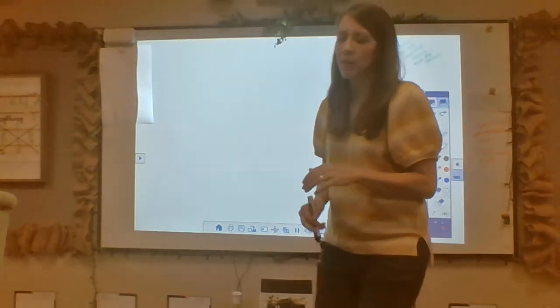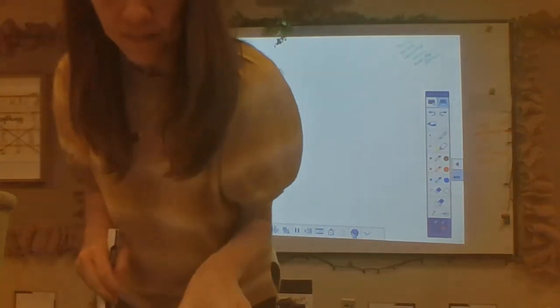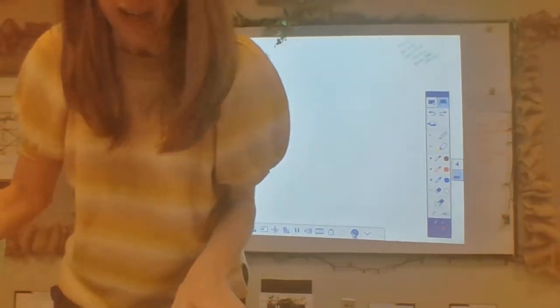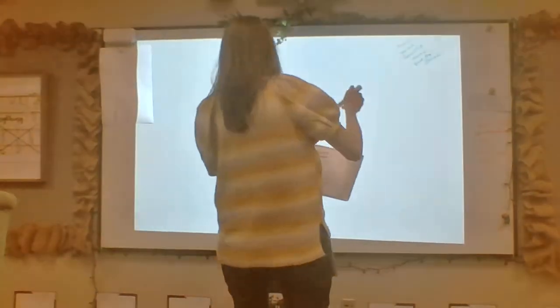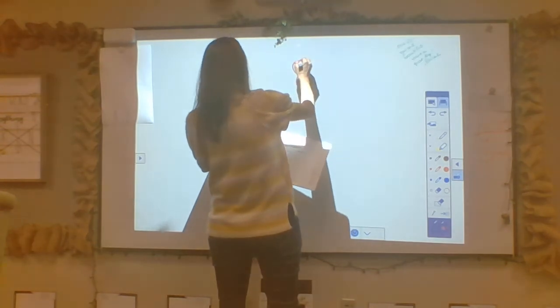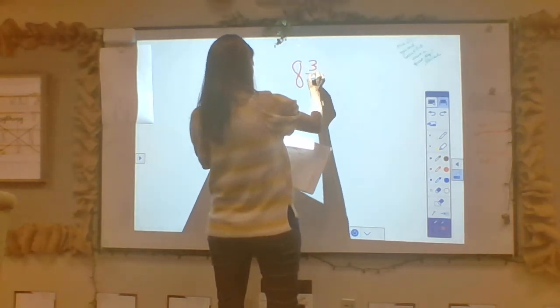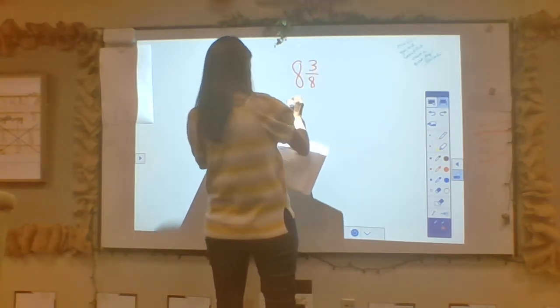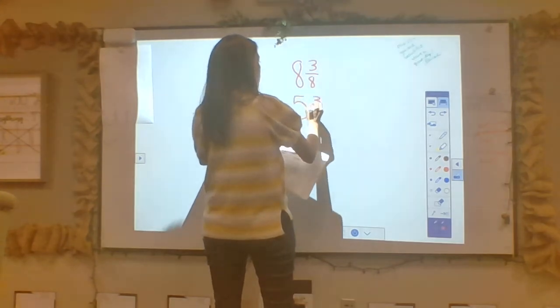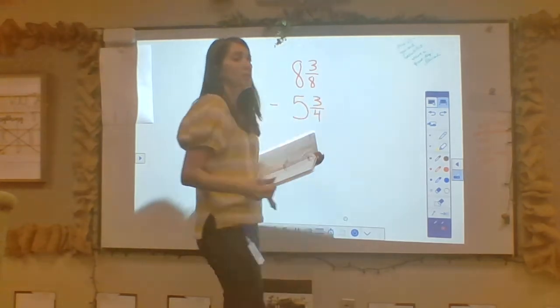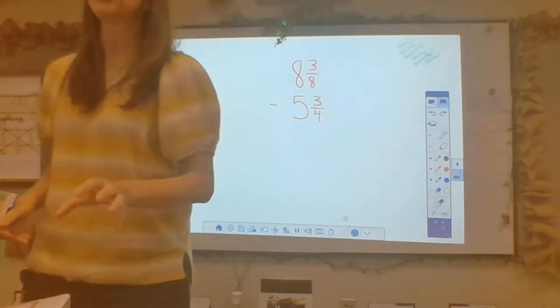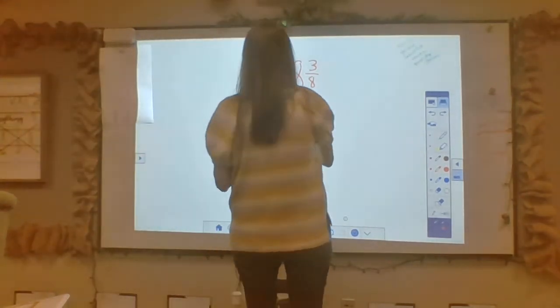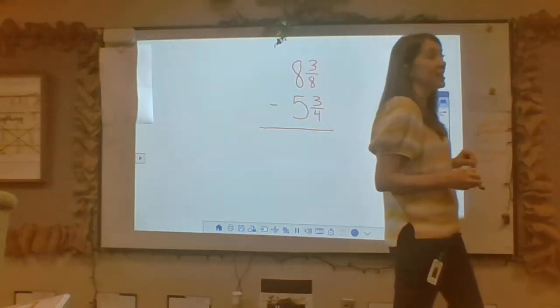Let's do an example. Here we go. Let's try 8 and 3/8 minus 5 and 3/4. Okay, here we go. First step that you always do in every fraction problem ever, always from now and forever, is to do what?